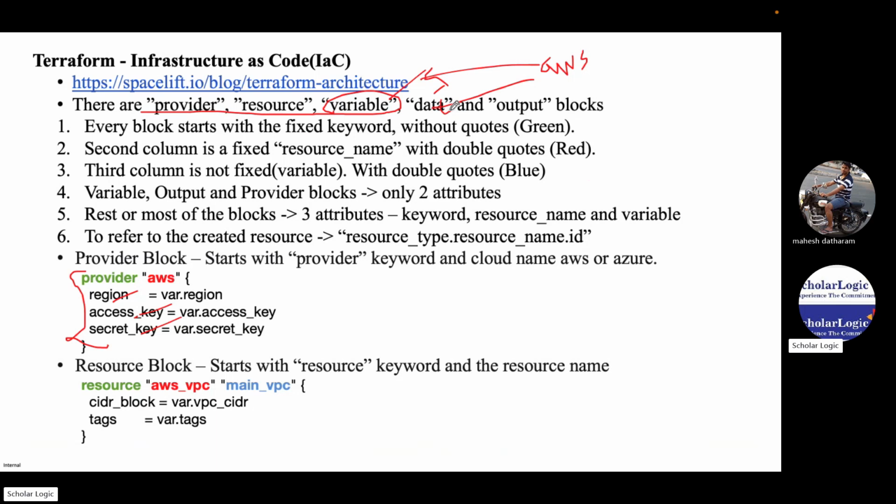Output is all about whatever resources are created in AWS; they will generate an output and show it to you. So fundamentally, these are the different blocks that you will write in Terraform. It is not very complex, but at the same time, it is not very simple.